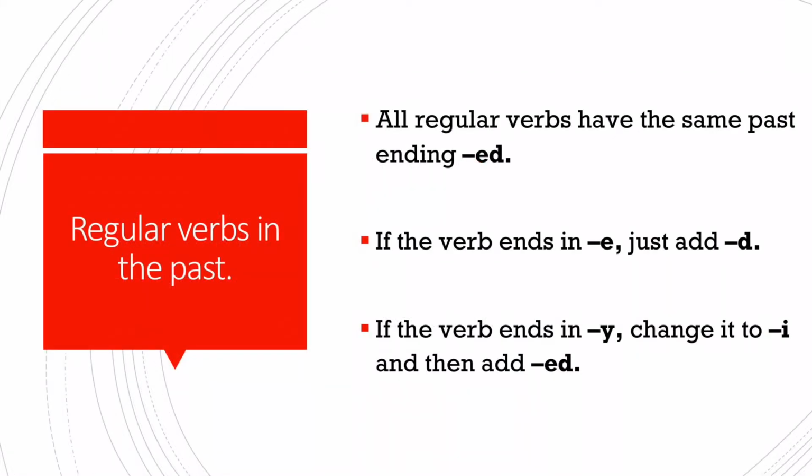Regular verbs in the past. As I mentioned before, it is important to differentiate between regular and irregular verbs. All regular verbs have the same past ending, ed. If the verb ends in E, just add the letter D. If the verb ends in Y, change it to I and then add ed.